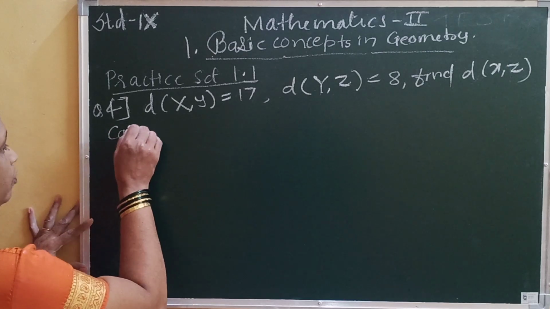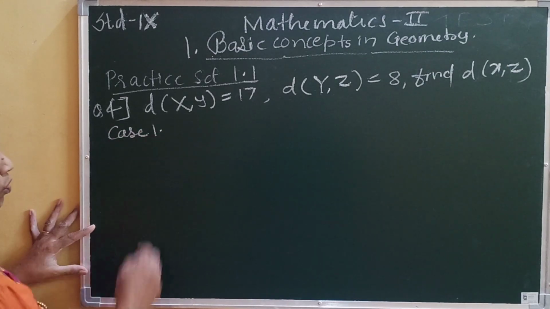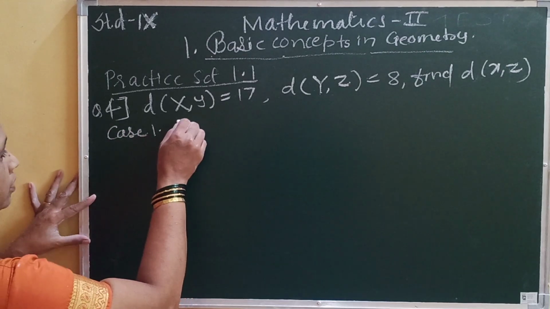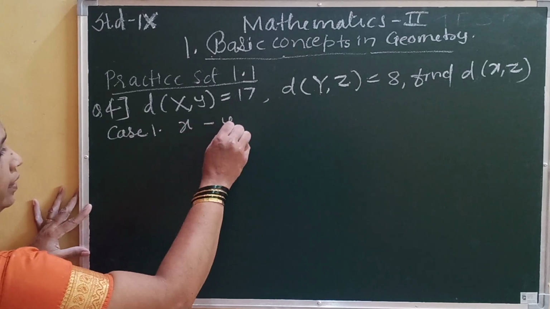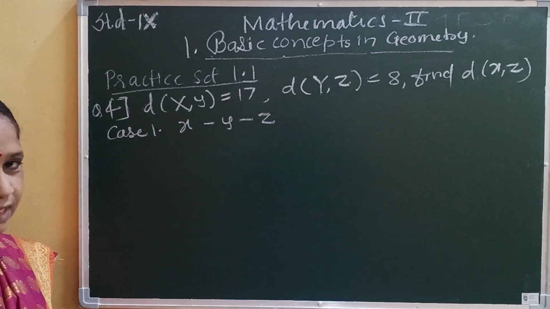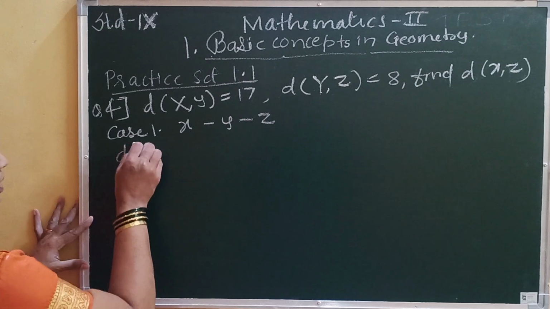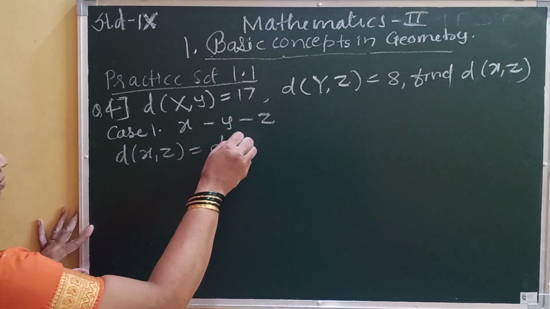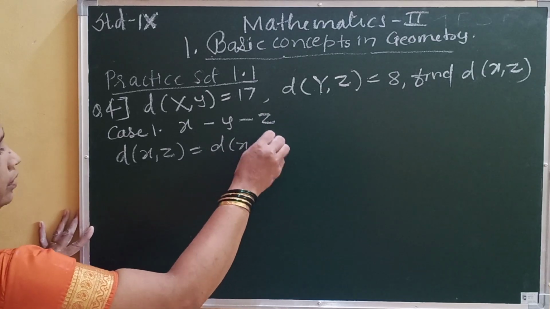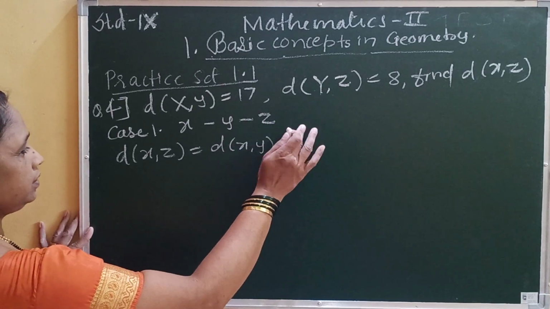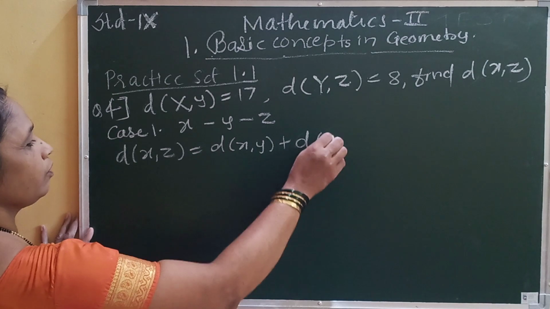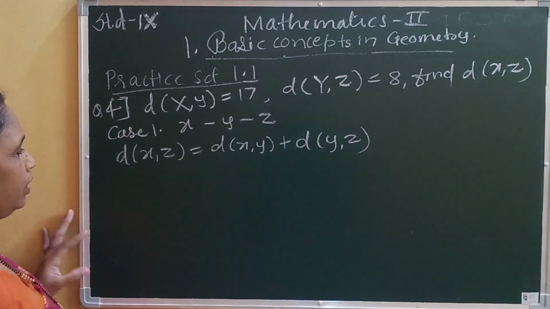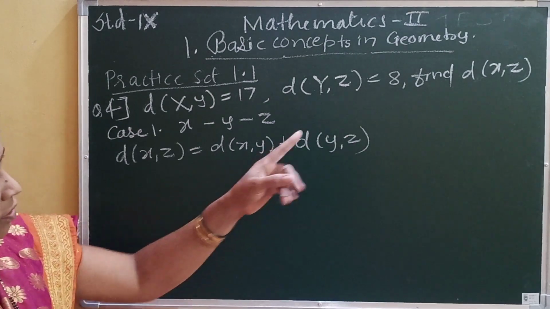So first, case 1. Case 1 is X, Y and Z. This condition means distance XZ is equal to distance XY plus distance YZ. Now XZ we have to find out.